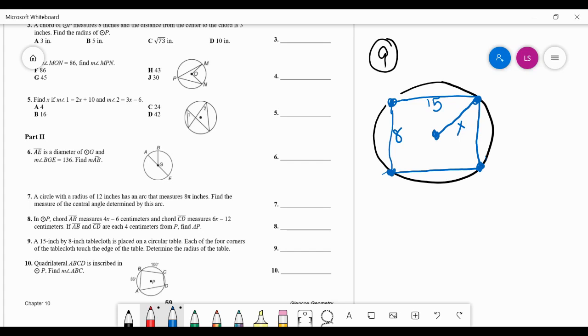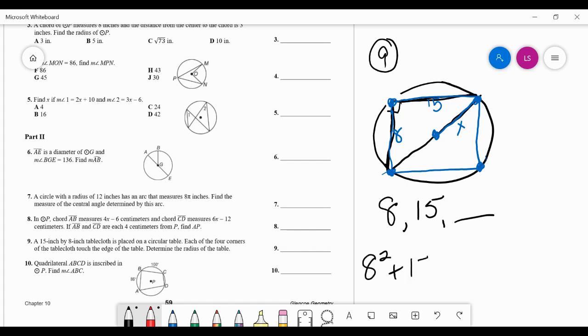So this is what we're looking for. Okay. Now, first thing I'm thinking of is I have a right triangle again. Here are my 2 sides, and the radius is a piece of the side. So I'm just going to extend it down, and I have an 8, 15, blank triangle. If you don't know this Pythagorean triple, you can always do 8 squared plus 15 squared equals x squared.